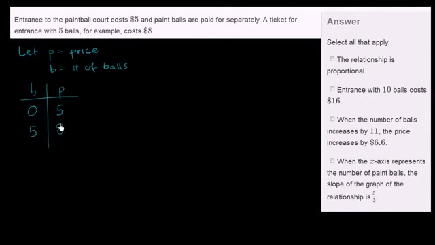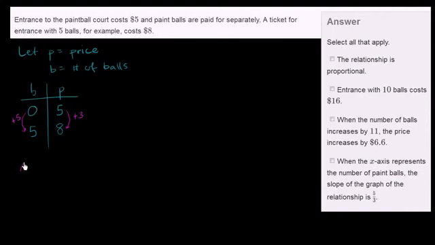So let's think about the incremental price per ball here. We're going to assume that the price per ball is constant after you pay for admission, after you pay this first $5. So what's the price per ball? Well, when our number of balls increases by 5, our price increases by $3. So plus 3.